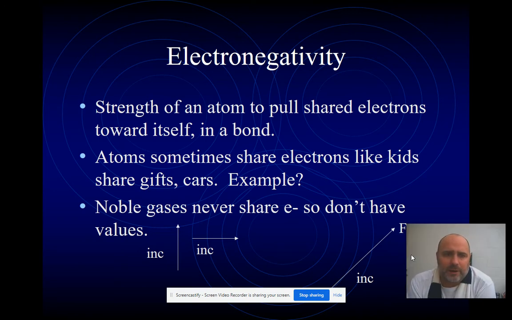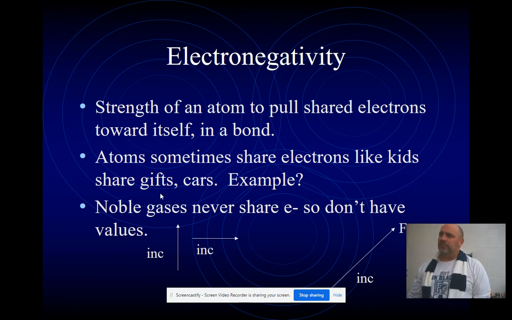We might not have as good of a background as I wish you did on this, but in covalent bonding, usually atoms are sharing electrons, but they don't share equally. Some pull tighter than others, and electronegativity is the strength of this. The strength an atom has to pull shared electrons toward itself in a bond, because they don't always share electrons equally.